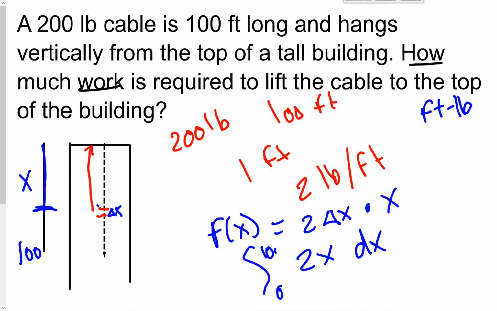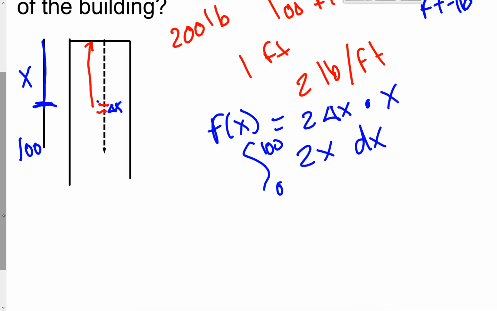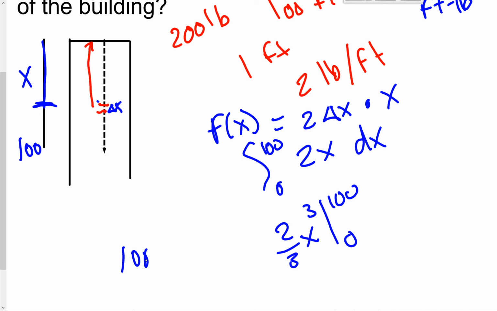So now I can just take the integral of this. So that's 2/3 x cubed from 0 to 100. Don't have to worry about plugging in 0 because that's going to be 0. 100 cubed times 2/3. Not 2/3, I don't know why I said that.